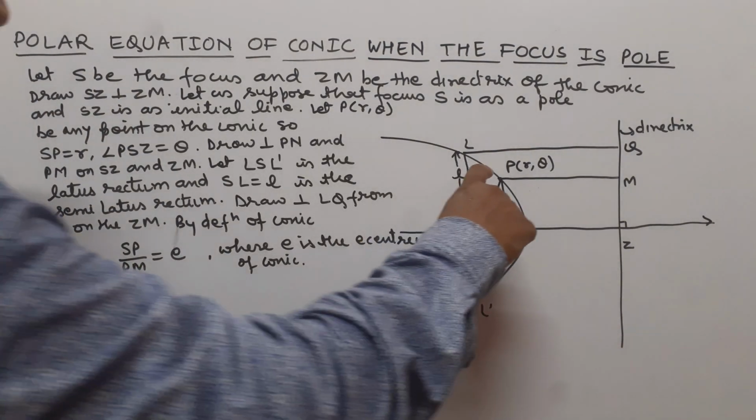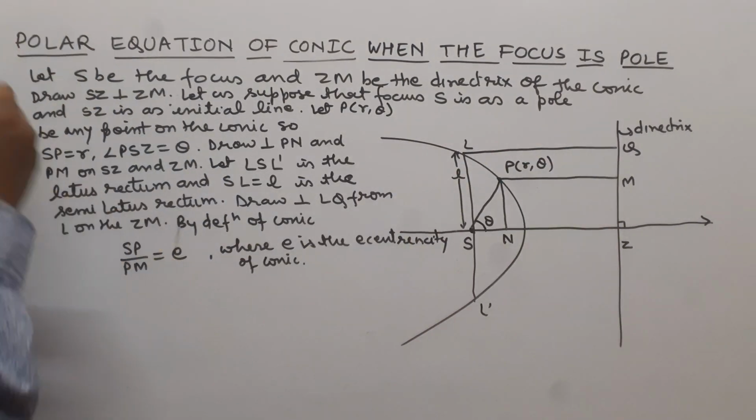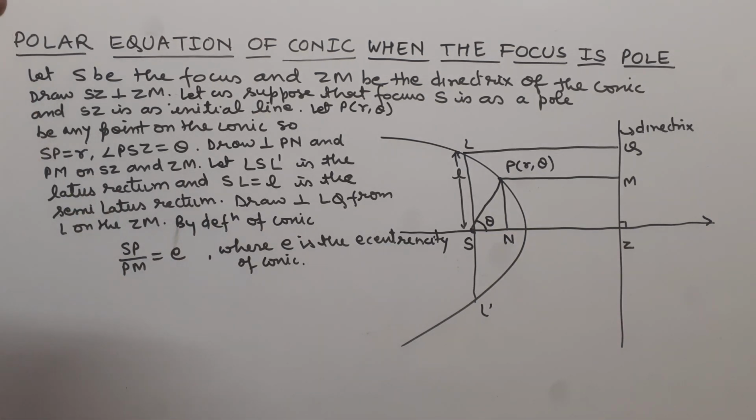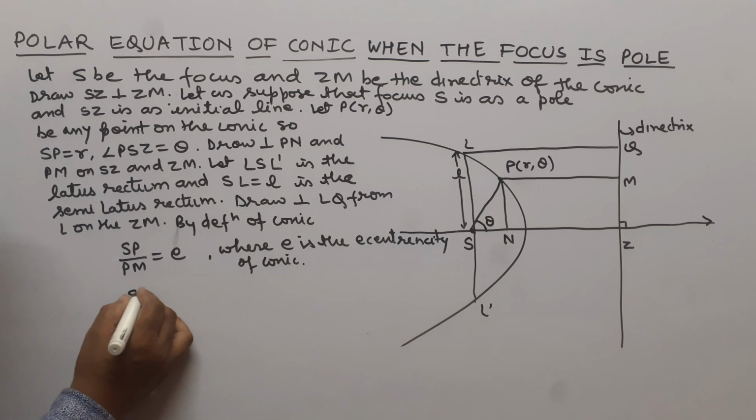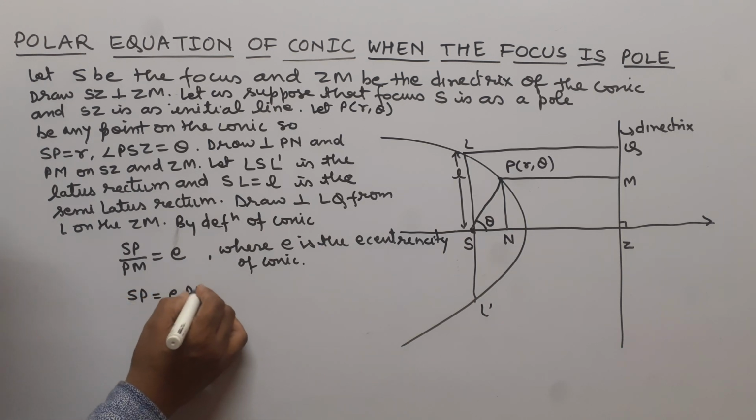That is, the ratio of SP and PM is constant, which is equal to e. Now we can write here SP is equal to e times PM.